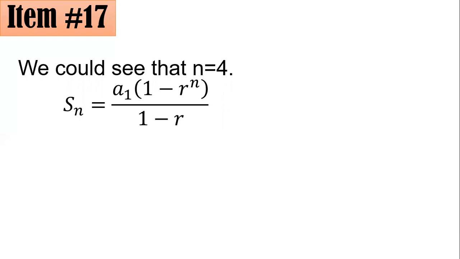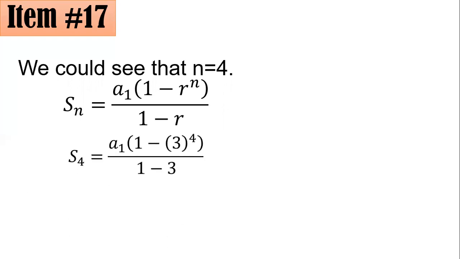So knowing that the sum is 360, S of n will be 360. But before that, I replaced n with 4. So I have S sub 4 equals A sub 1 times the quantity 1 minus 3, your common ratio, to the fourth, all over 1 minus 3.